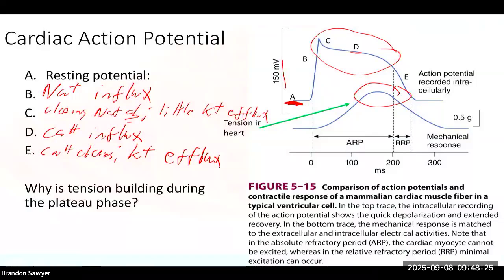Oh, yes. This is right, it's just there. It's like the initial polarization and then the plateau phase.